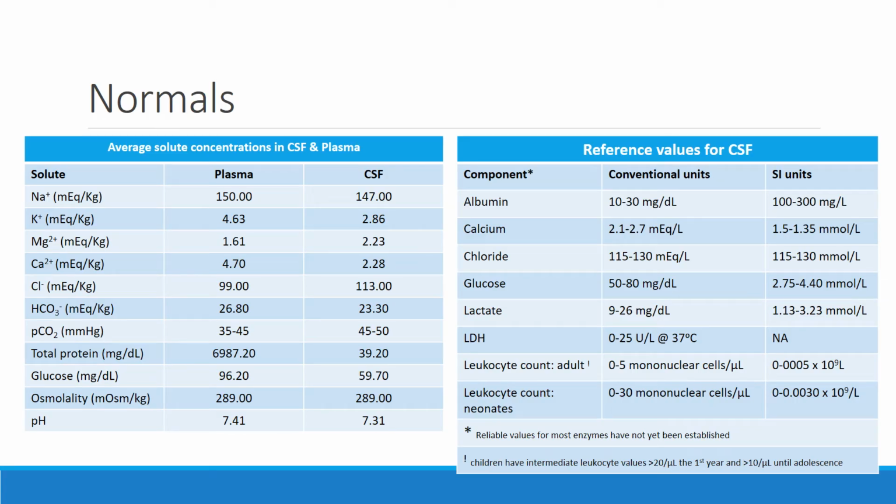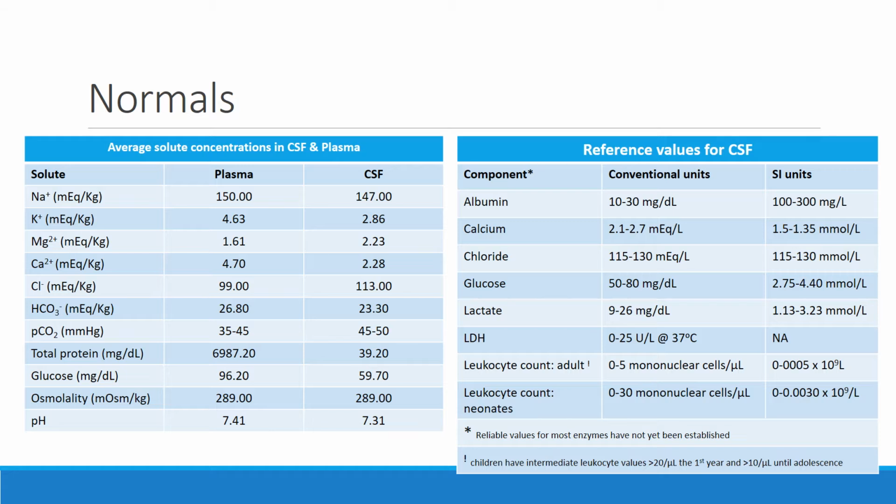Now the normal levels. Normals, when it comes to any fluid situation, are difficult to really characterize. The obvious reason for that is that if you're normal, if you're not ill, we're not going to just go and take CSF from you, right? That's not the way medicine works. We don't experiment on people just for the sake of experimenting.